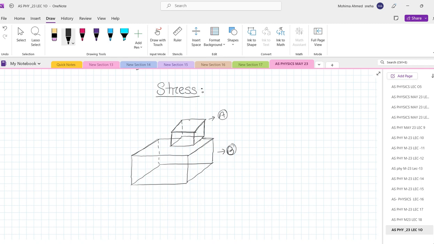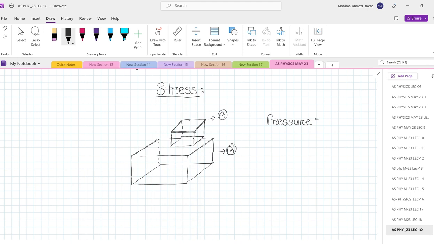For example, if you were to calculate pressure, the basic equation for pressure is force over area. Now what kind of force are you going to use for this scenario?